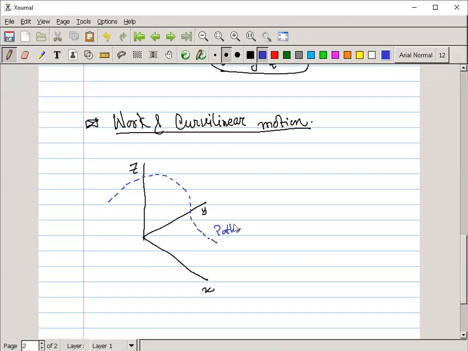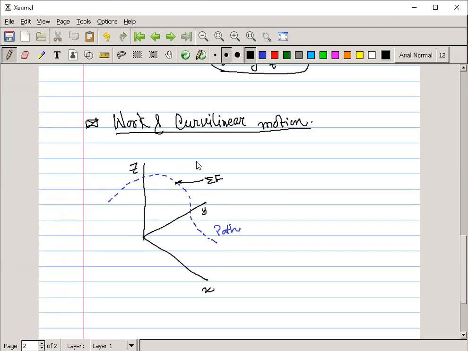In this path, a particle position is considered here. This is the particle on which all the forces act. So the summation of all forces means all the forces along any direction. So we are talking about the net force.